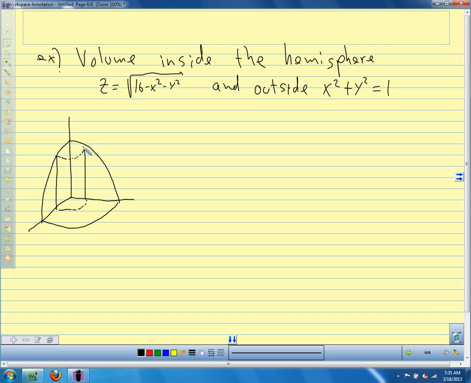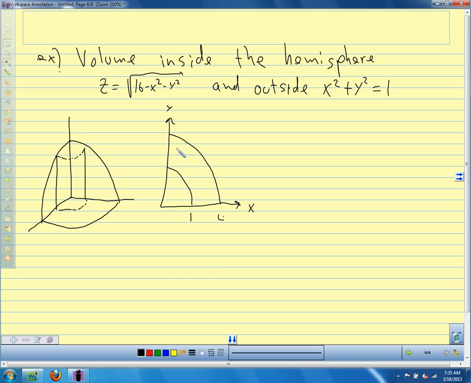So this is what it looks like in the first octant. In the xy plane, we have just concentric circles. The cylinder x squared plus y squared equals 1 takes us here, and the radius of the hemisphere is 4.